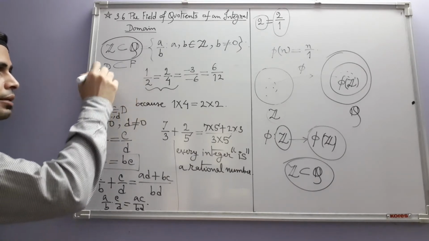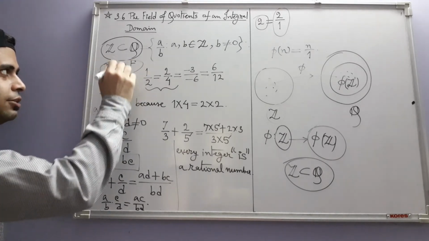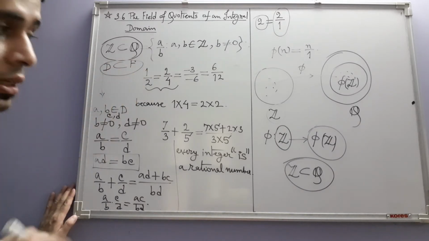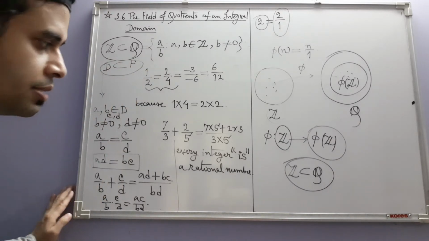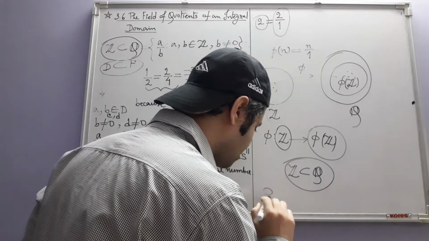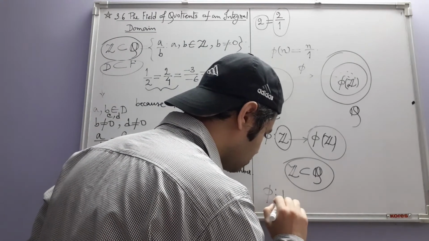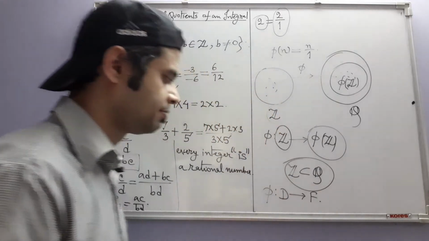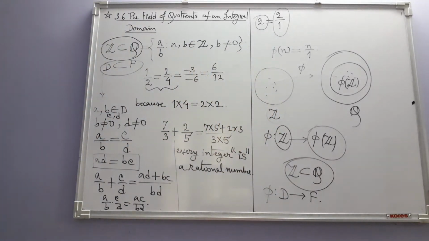I want D to be a subsystem of F, but in this sense. That means I will have to find an isomorphism of D into F, and that leads to the first definition of this section, which is that of an embedding.